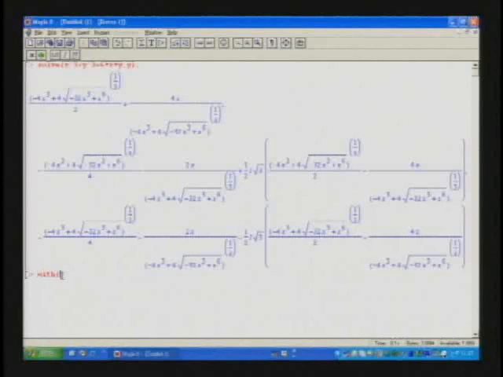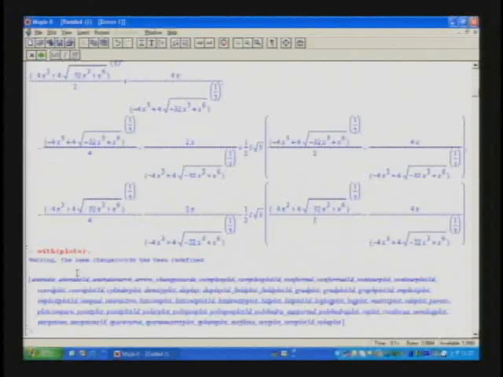Such packages are loaded using with. This package is called plots, and now you have a couple more commands. You can do all kinds of fancy things using Maple.